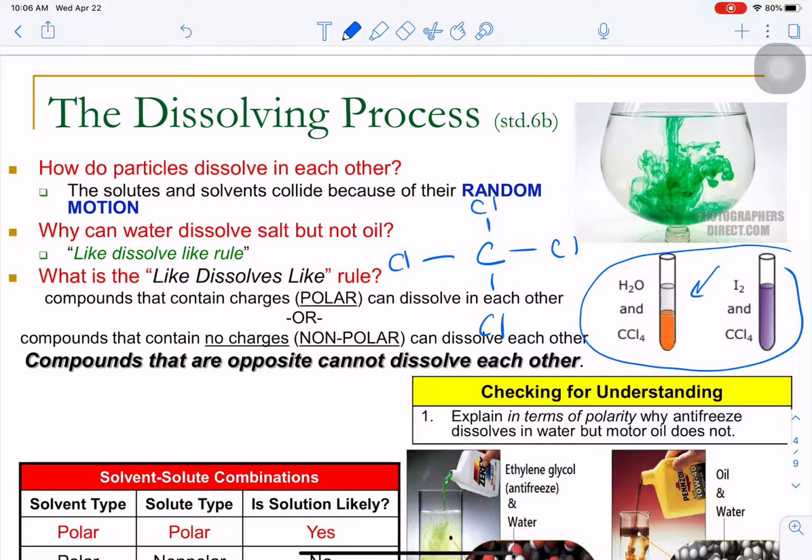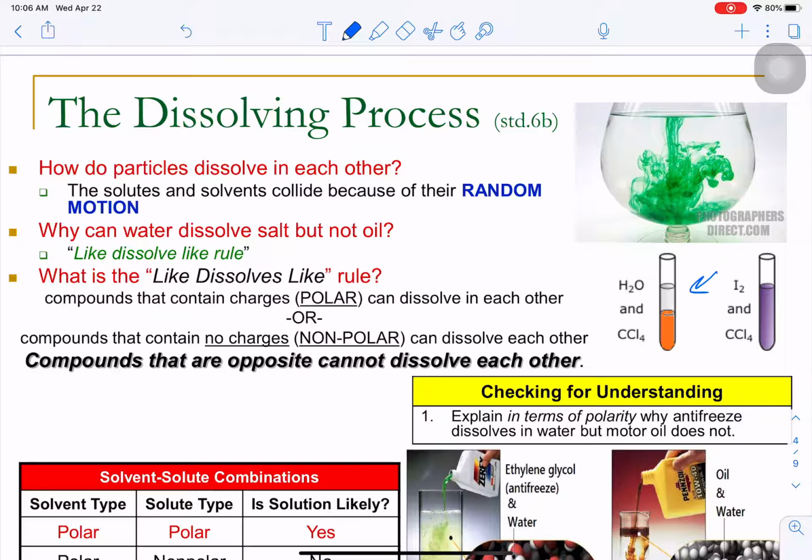How do you know CCl4 is nonpolar? Well, look at the symmetry here. Remember, if something's symmetric, it's nonpolar. We can tell just from this visual right here that CCl4 is nonpolar.